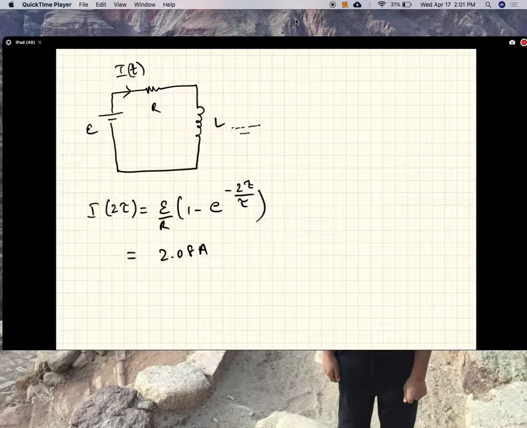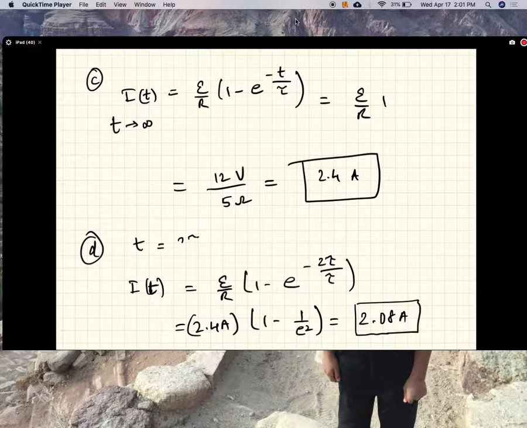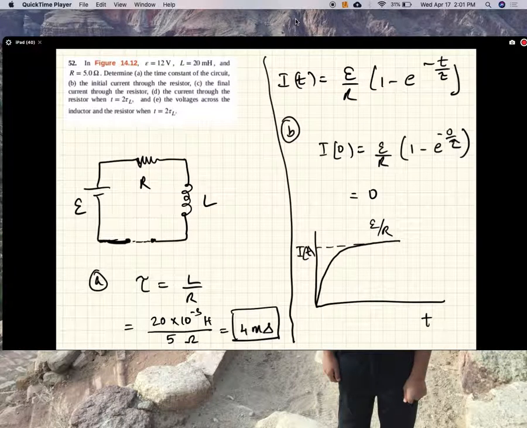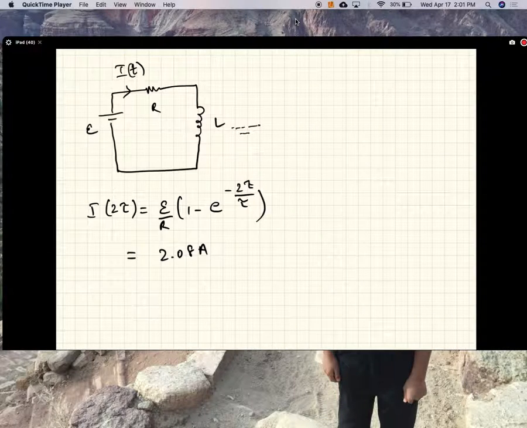So now at two time constants, what is it that they're asking? The voltage across the inductor and the resistor. Across the resistor, the voltage is minus IR. If you're going clockwise, when we say minus, this point is at a higher voltage than that. The current is flowing in this direction.